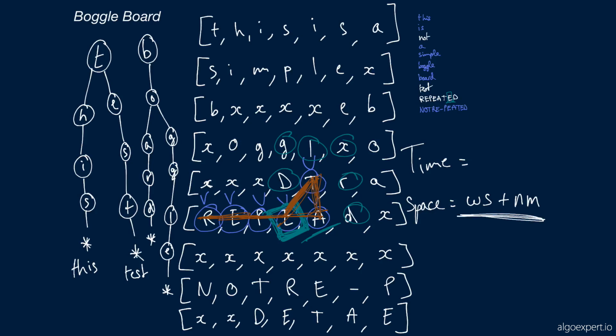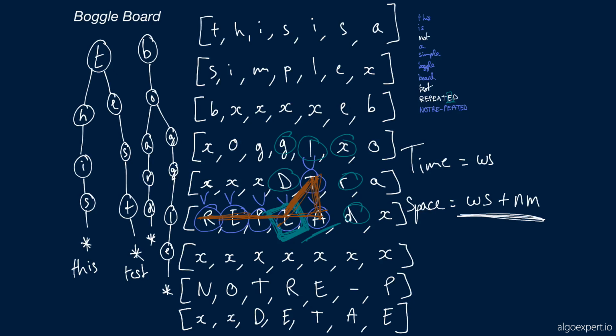Now, for the time complexity, it's going to be a tiny bit more involved, right? We've also got WS because it takes WS time to build our tree. We have to iterate through W words, and these words have at most S characters in them, and we're iterating through all those characters to dump them in the tree.